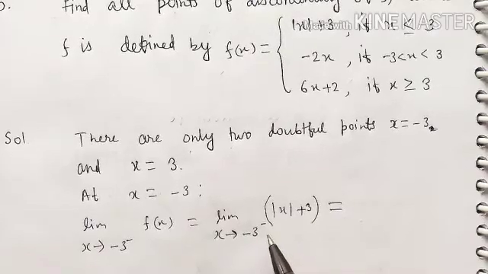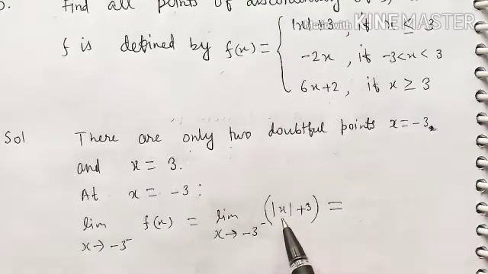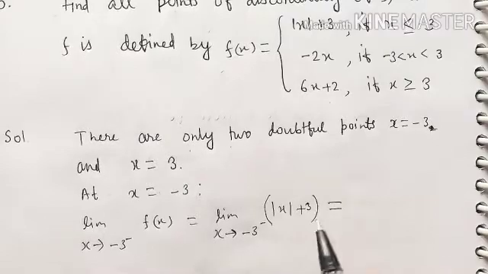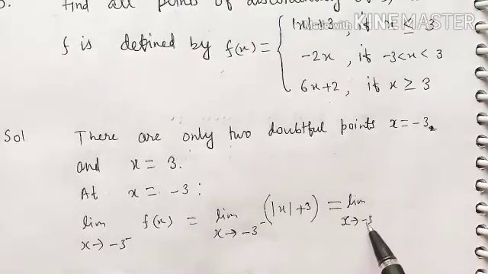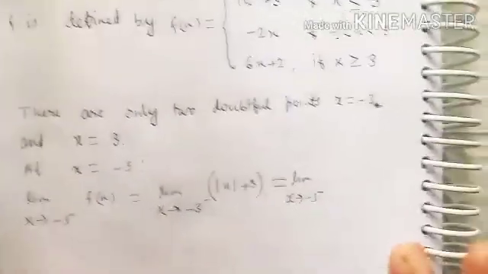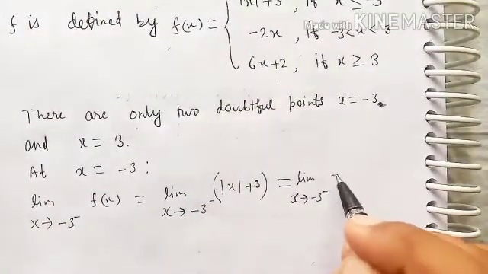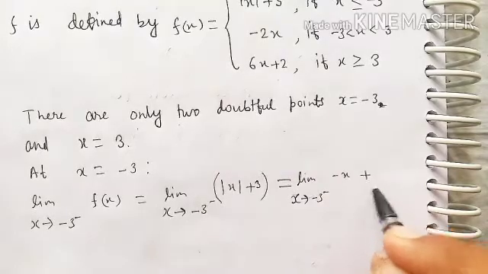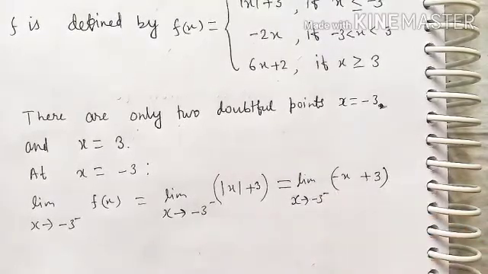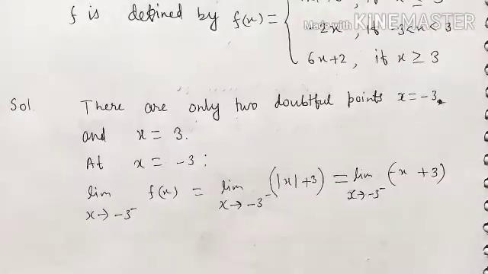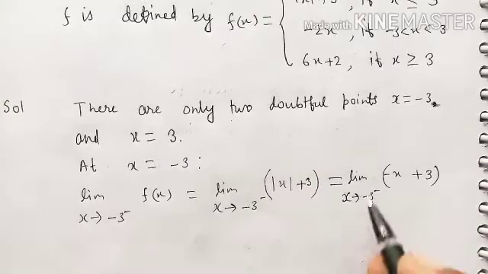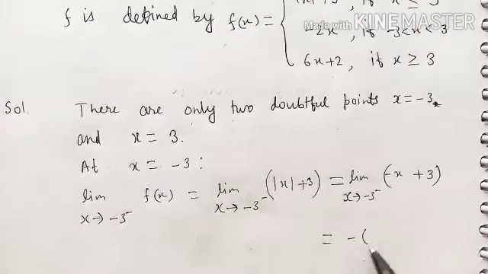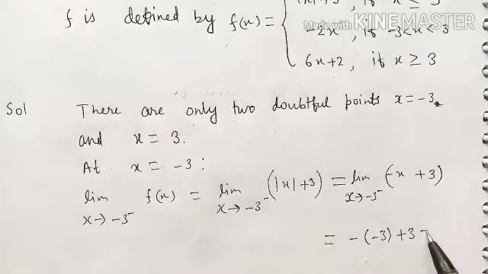Here x is less than 0, so mod x is negative. So when we remove the mod, the minus sign comes. Now x tends to minus 3, so we put the value. We have minus of minus 3 plus 3, this is 6.